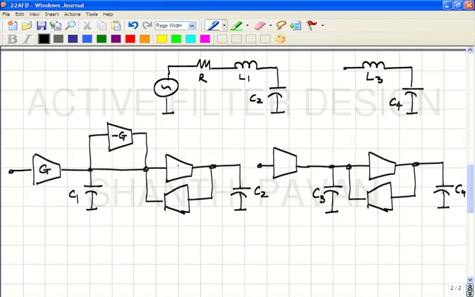All the transconductors are G, and again C3 is assumed to have been chosen to be equal to L3 times G square.